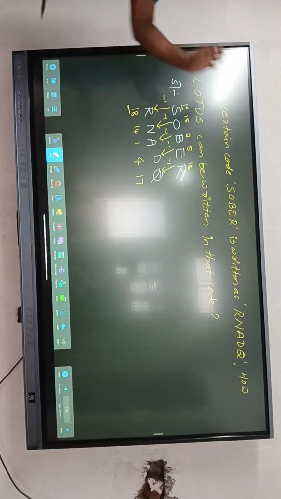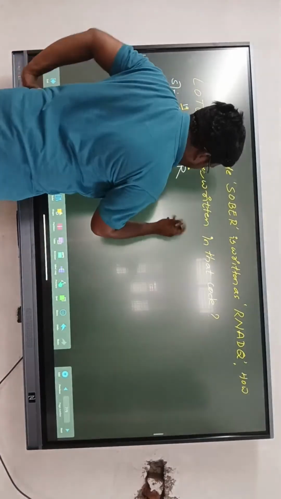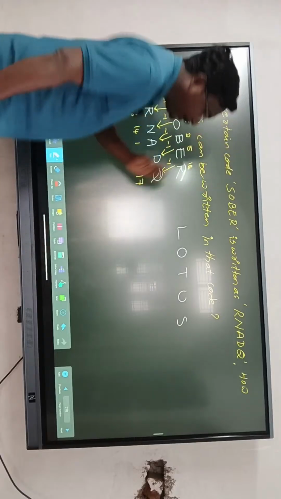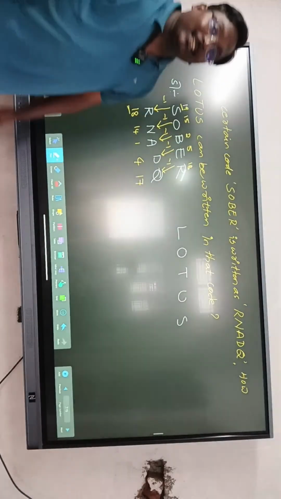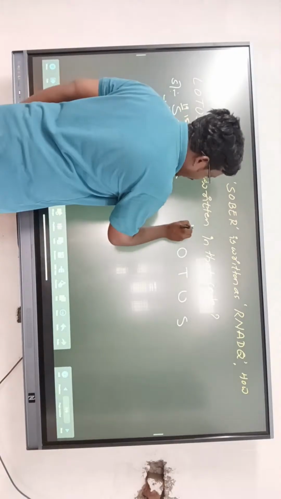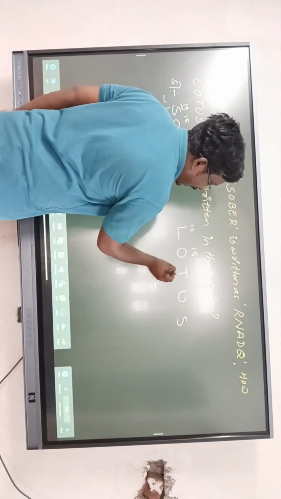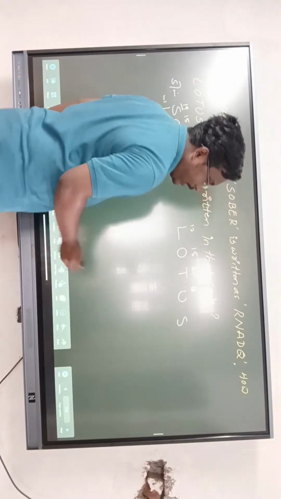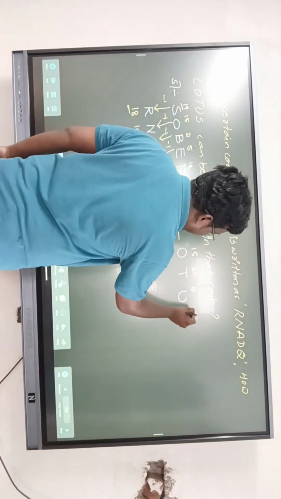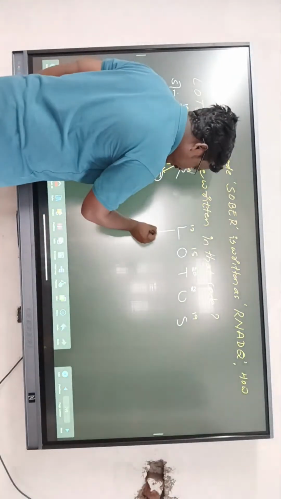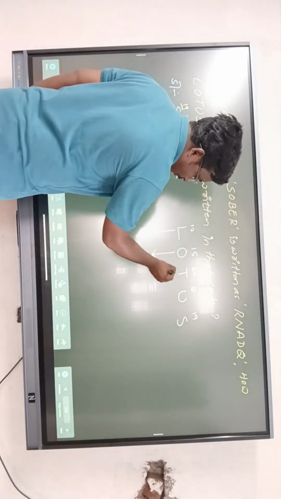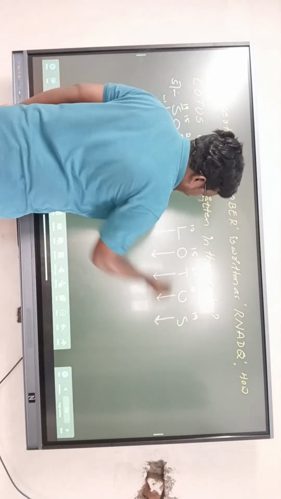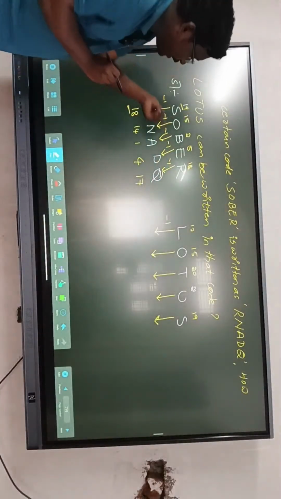Okay. What is the question that is given? LOTUS. First we need to identify the positions. L is 12, O is 15, T is 20, U is 21, S is 19. So what pattern is followed here?